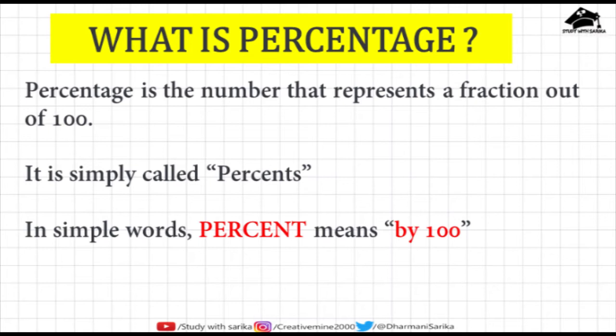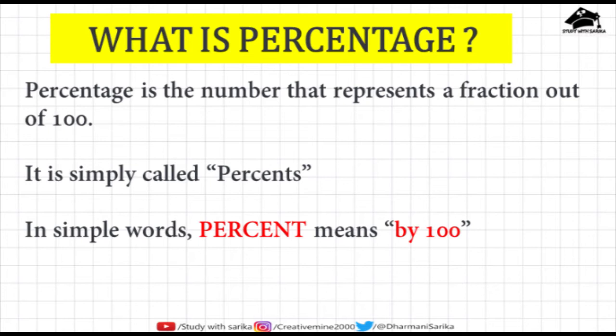That's why in simple words, percent means by 100. Dividing any number by 100 means we are finding percentage. So the denominator value is not going to change. It will remain 100 always.